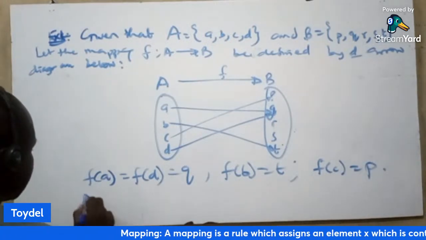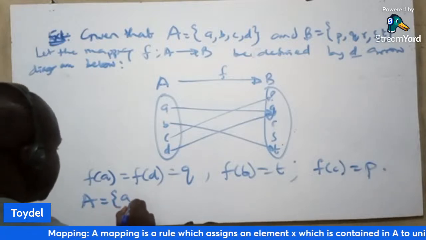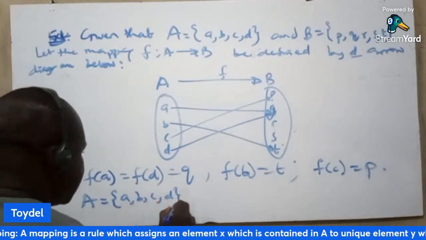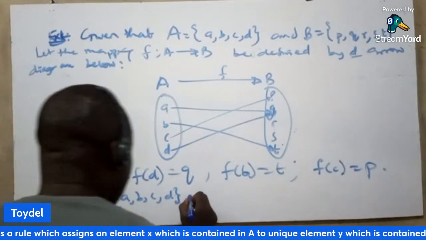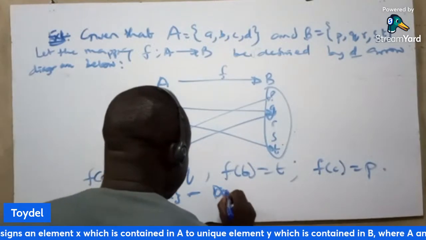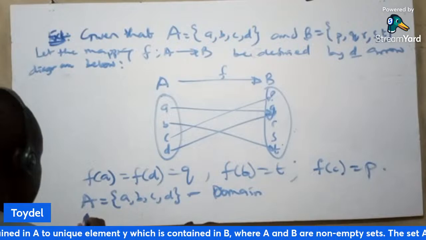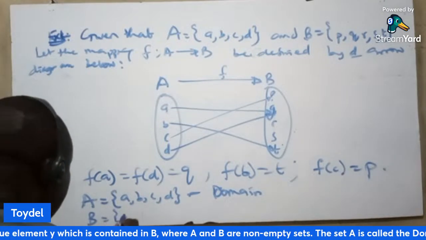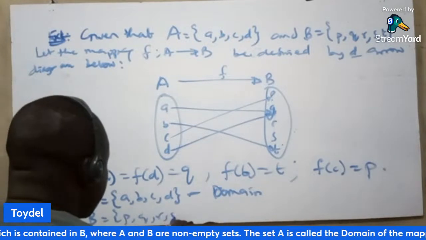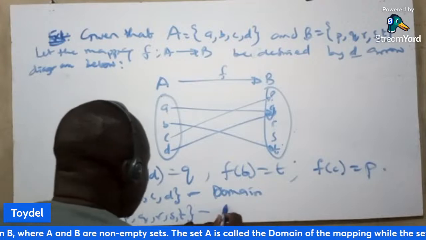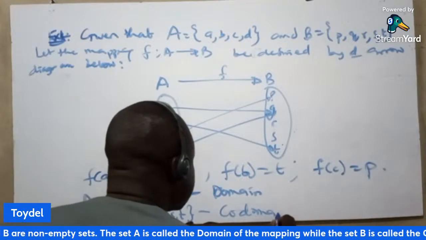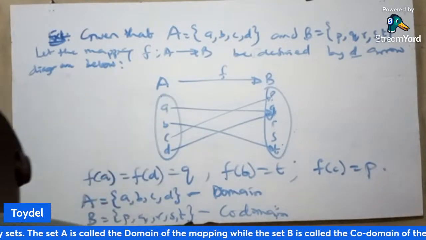So set A, which is A, B, C, D, is called the domain. Then set B, which is equal to P, Q, R, S, T, is called the codomain in this mapping.